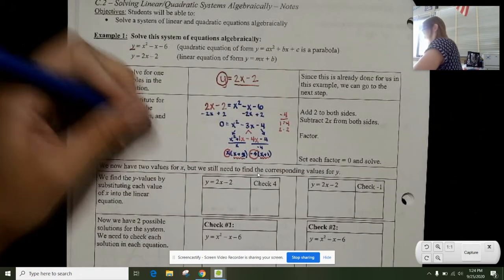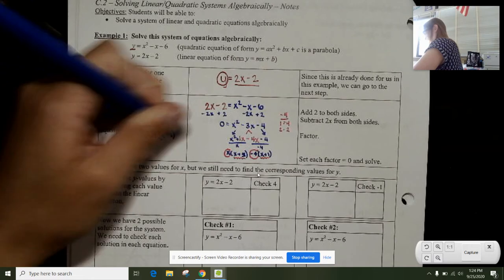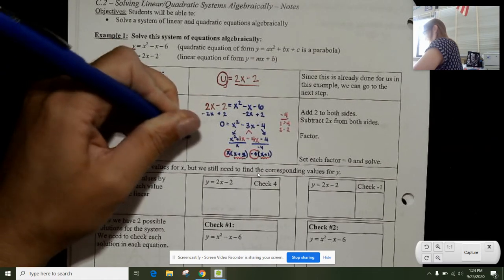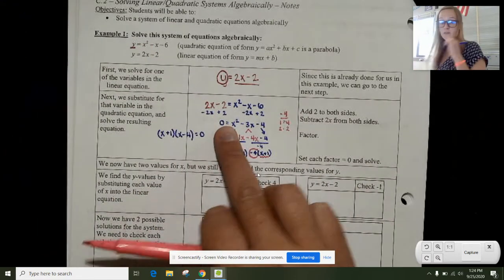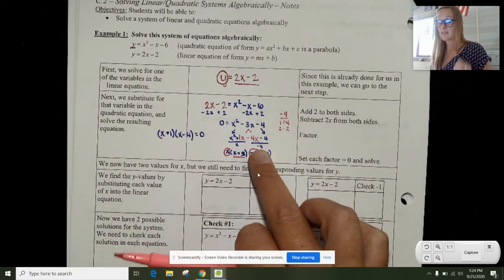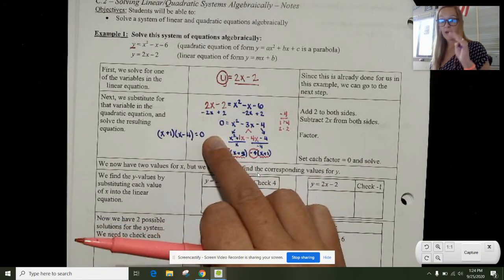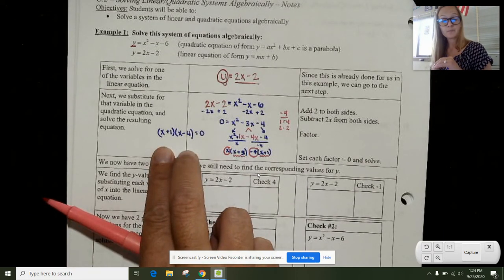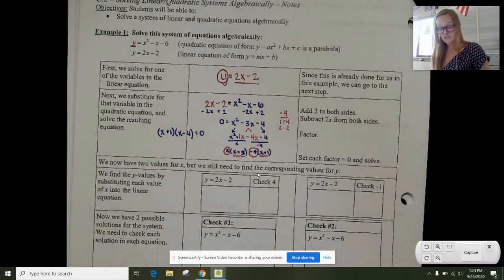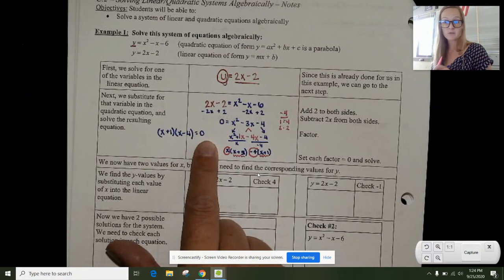I need to move my work over here. x plus 1 and x minus 4. I can't forget it always equals 0. I kind of dropped that when I factored, but it still equals 0. So now that I have my factored form, I'm going to set each factor equal to 0. The reason I'm going to set each factor equal to 0 is because this says x plus 1 times x minus 4 equals 0.